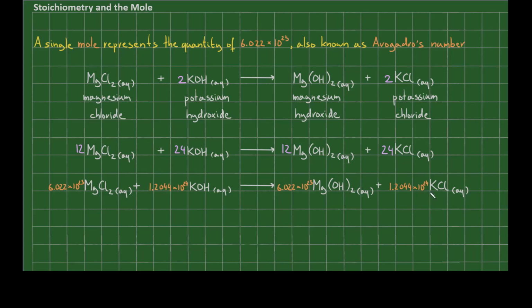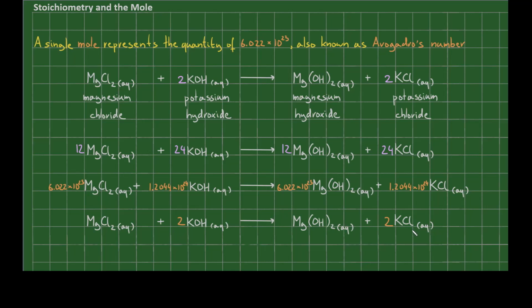And so the reaction equation might be written something like this. 1 mole of magnesium chloride, and recall we do not write the 1 in, plus 2 moles of potassium hydroxide will give me 1 mole of magnesium hydroxide and 2 moles of potassium chloride.